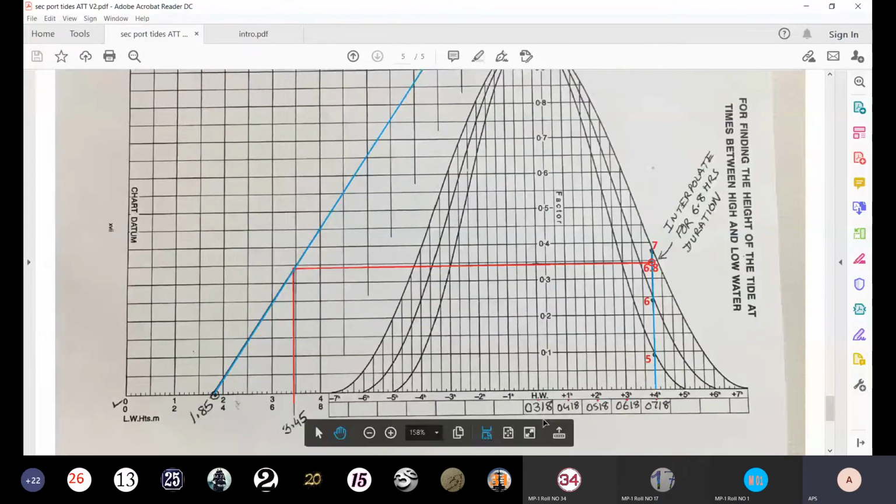Then in the middle one, you write the time of high water, 318. So where will 720 come?